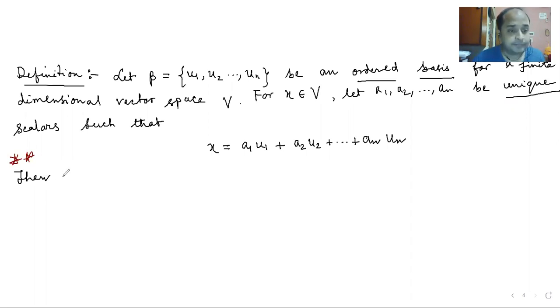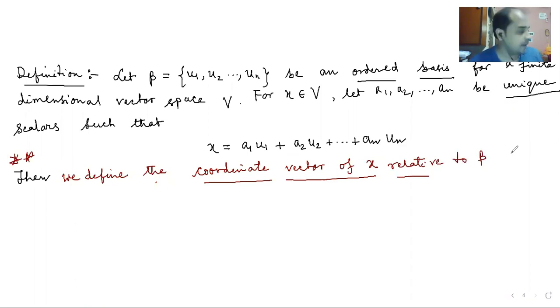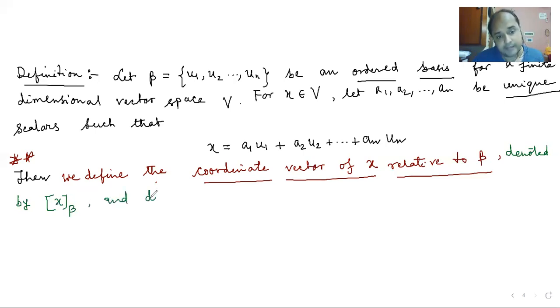So we define the coordinate vector of x relative to beta, denoted by [x]_beta, and defined as [x]_beta equal to the column vector a1, a2, ..., an.